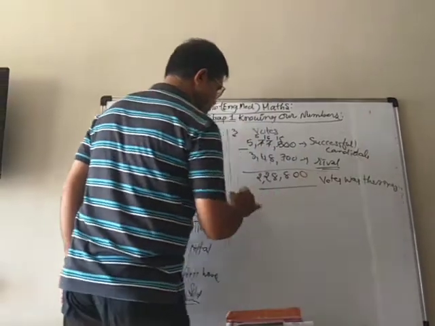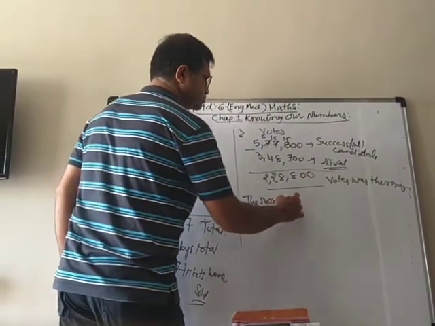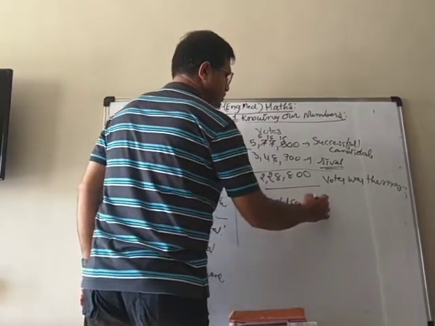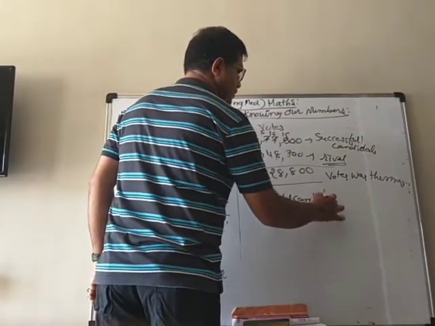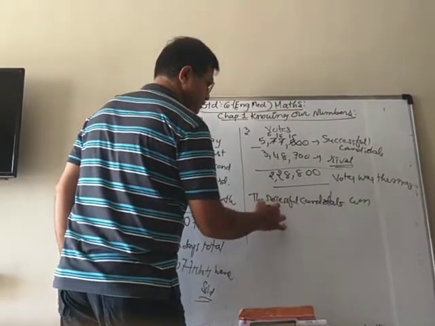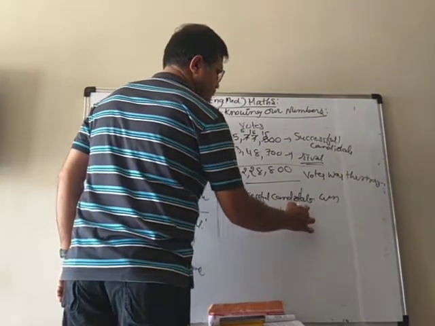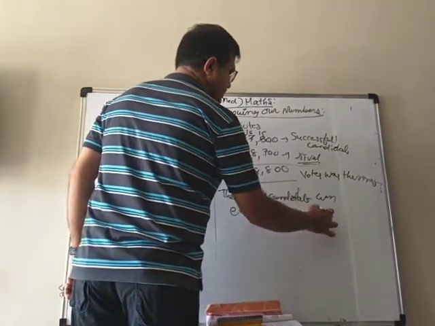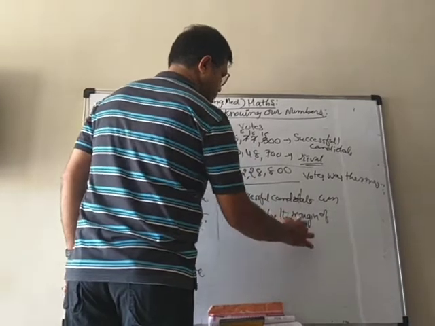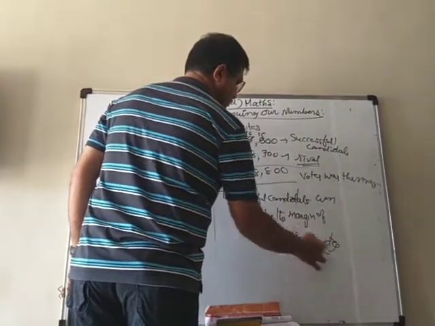It means that the successful candidate won the election by the margin of 2,28,800 votes.